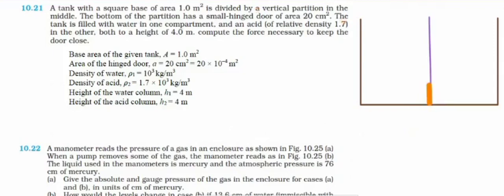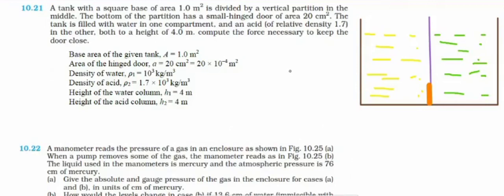Now what's the difference? Here you can see one of the compartments is filled with water and the other compartment with acid. So we have the water compartment and the acid compartment. Both have the same height, 4 meter.